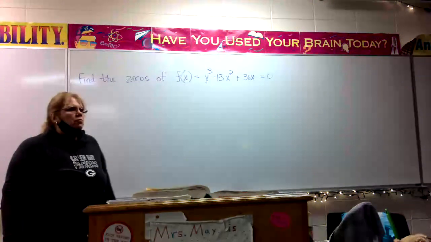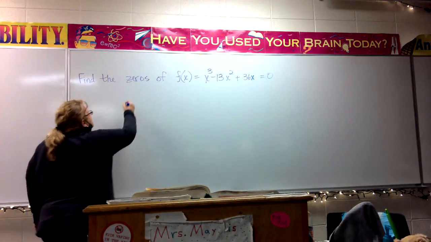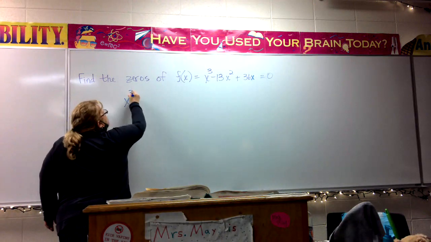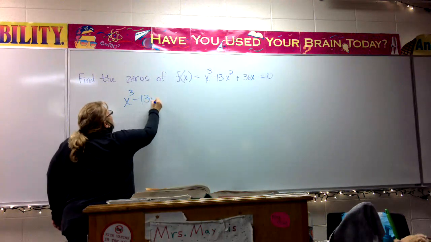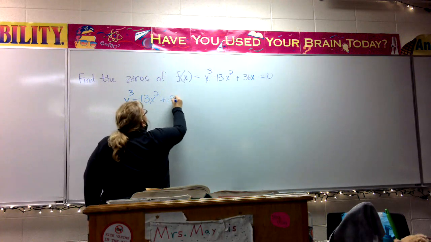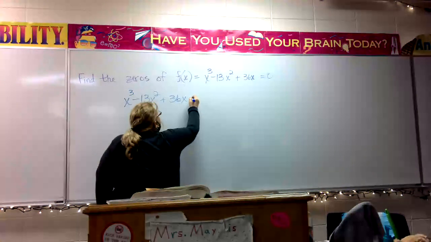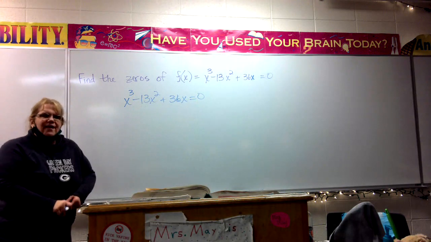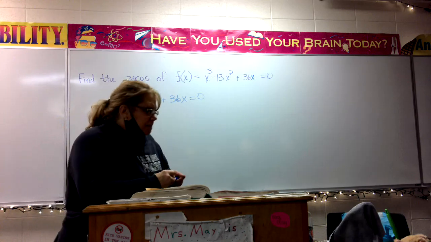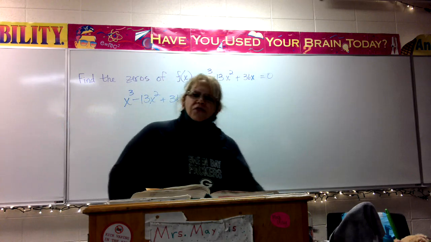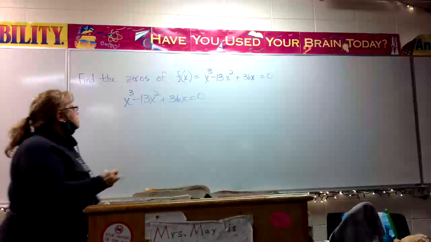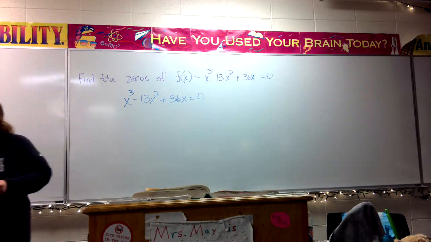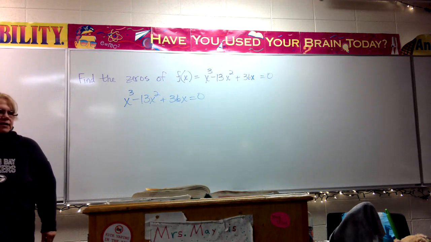That's pretty much what we did yesterday when we solved it, right? We want to know for what values of x will that whole thing equal 0? So basically, we're going to solve it just like we did yesterday.